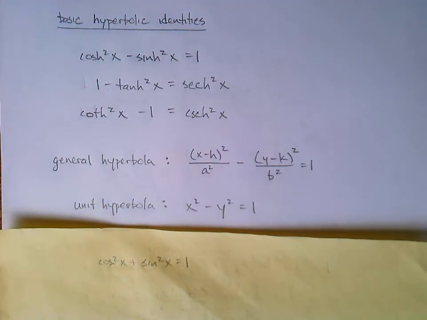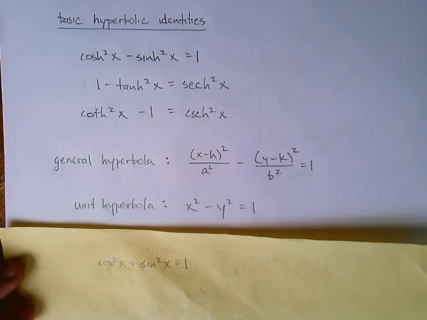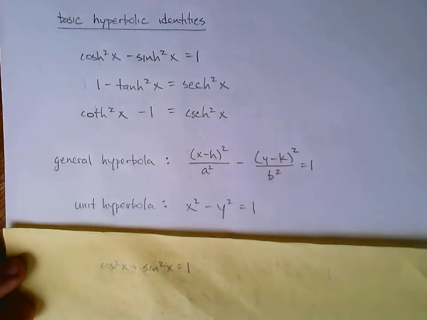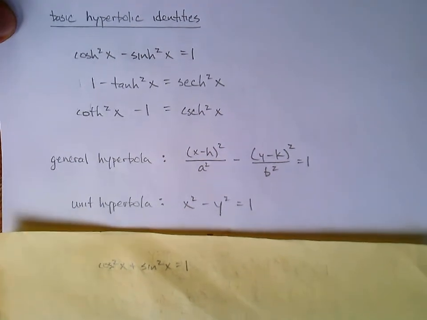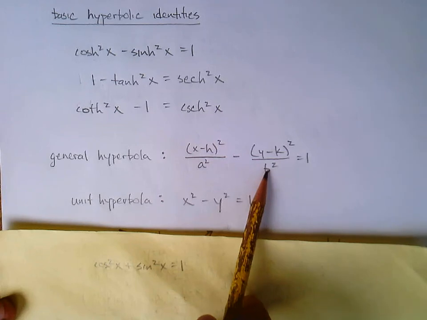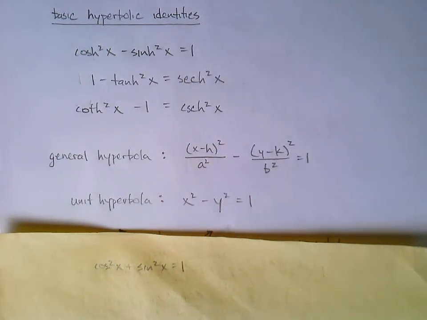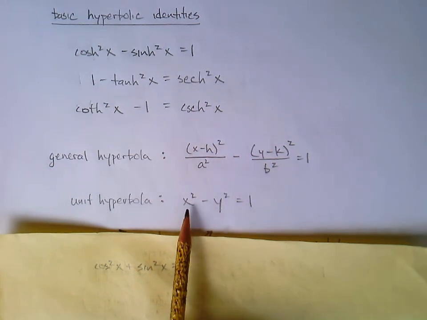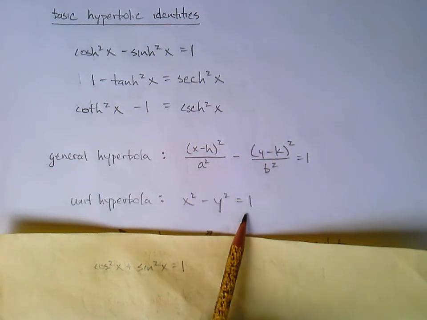Let's talk about the unit hyperbola. The unit hyperbola is centered at the origin, and both the a and the b equal 1. So if a equals 1, b equals 1, and it's centered at the origin, that equation would reduce to just x squared minus y squared equals 1.